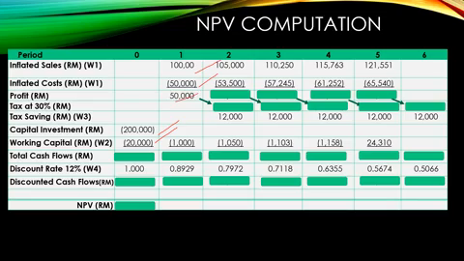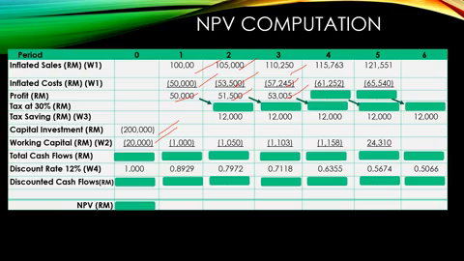For year 2, the inflated sales will be 105,000 and then the inflated cost will be 53,500 ringgit. So the profit will be 51,500 ringgit. For year 3, the inflated sales is 110,250 and you minus the inflated cost of 57,245. So the amount of profit will be 52,005 ringgit.